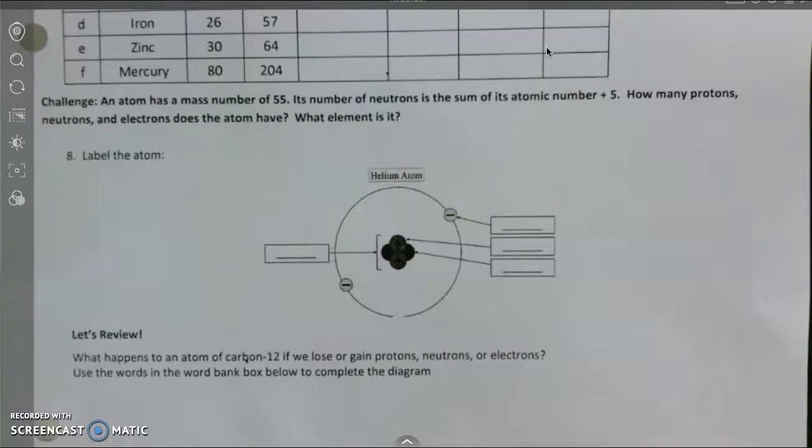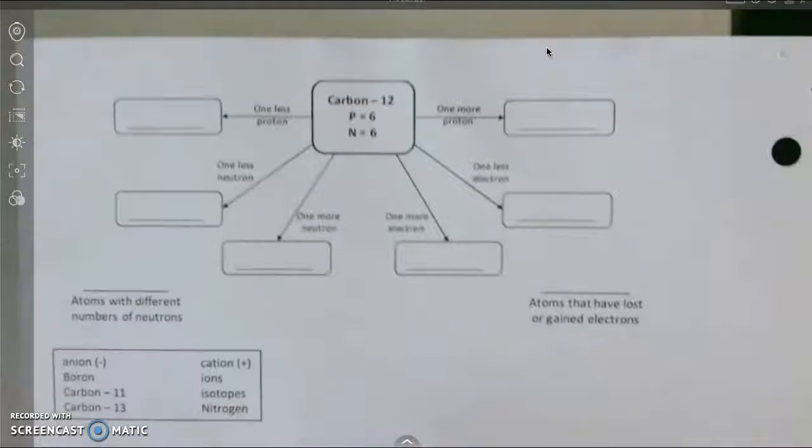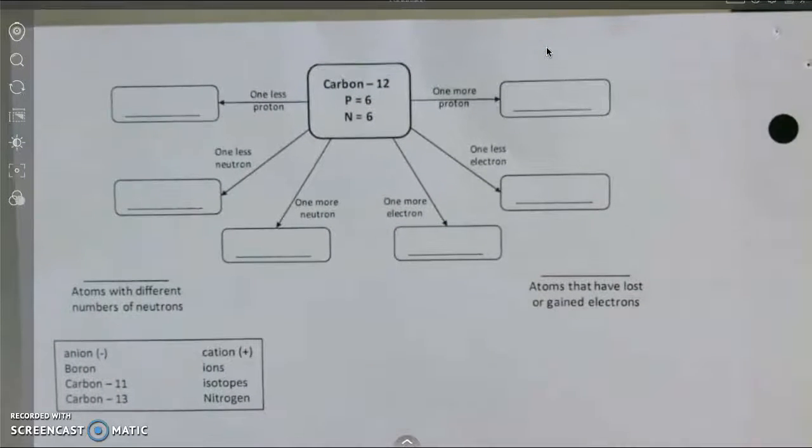Okay, now this last one I really liked. It says, what happens to an atom of carbon-12, remember that's our mass number, if we lose or gain protons, neutrons, or electrons? So, we have carbon-12. We know carbon has 6 protons, and if it's carbon-12, it also has to have 6 neutrons. So if we have 1 less proton, what would happen? So instead of 6 protons, we'd have 5 protons.